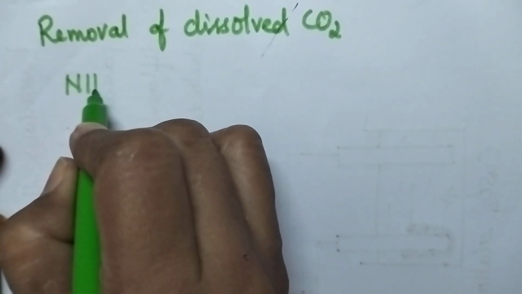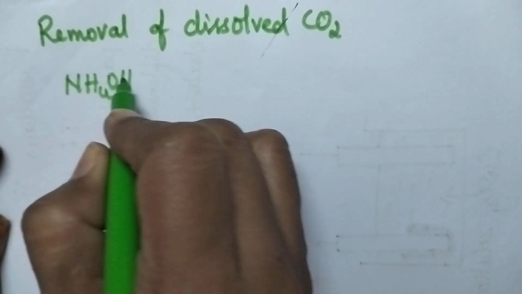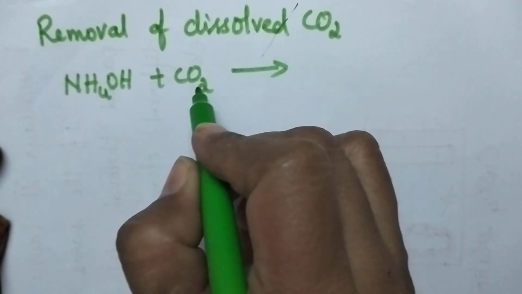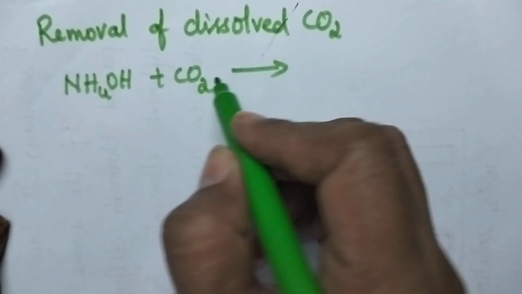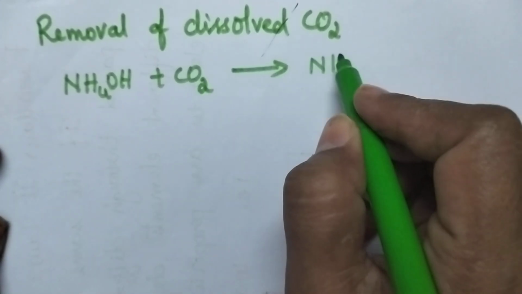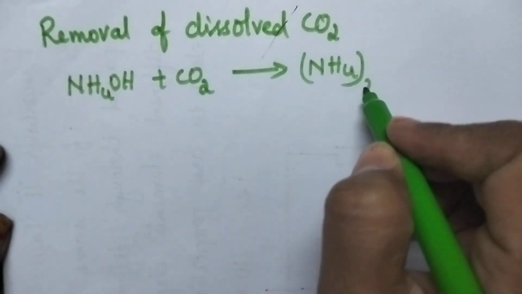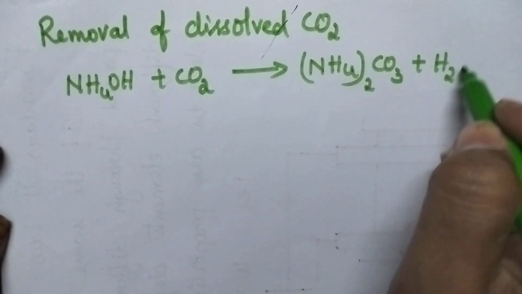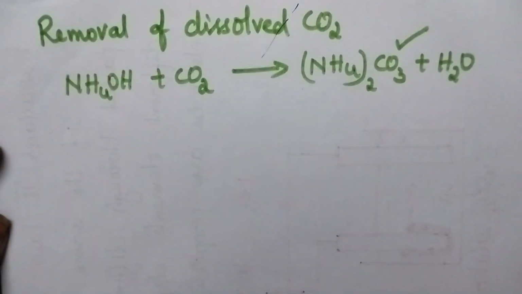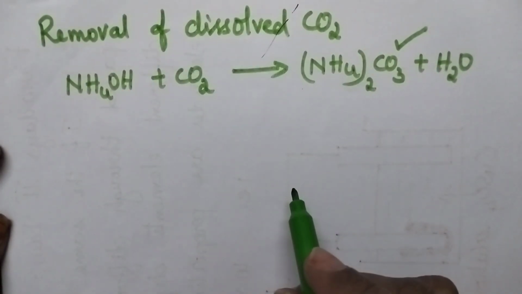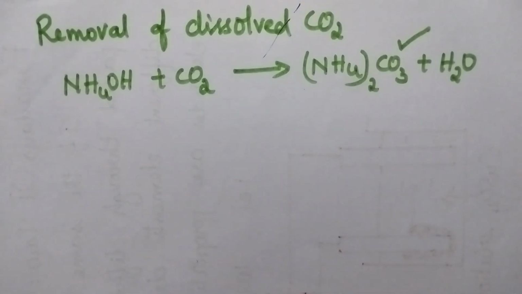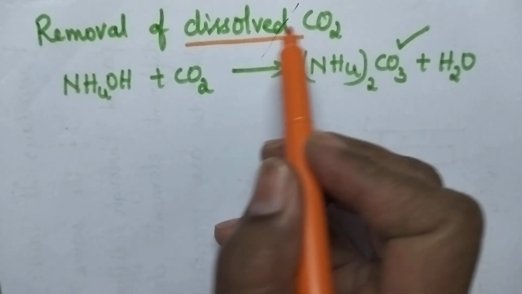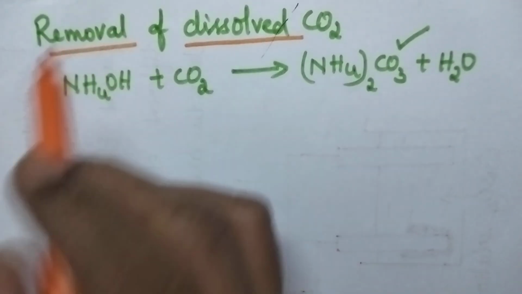Whenever ammonium hydroxide is added to the water, it readily reacts with the carbon dioxide present in the water and gets converted into ammonium carbonate, and thus no dissolved carbon dioxide is available, and the boiler corrosion due to dissolved carbon dioxide can be prevented.